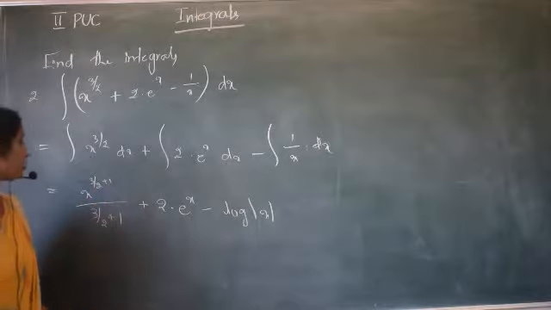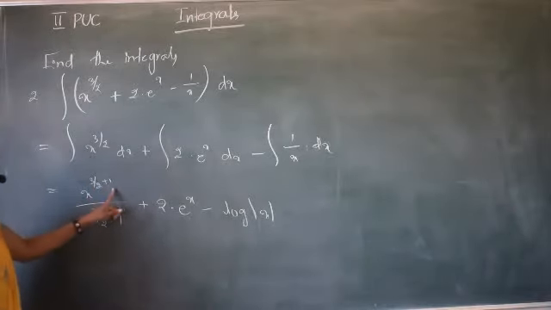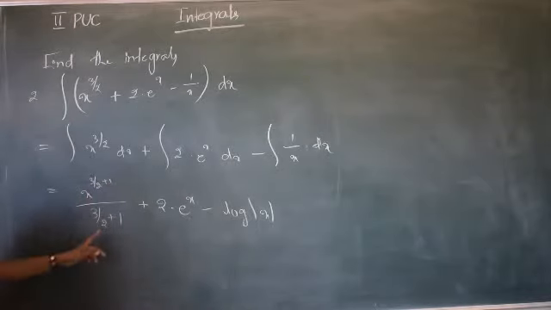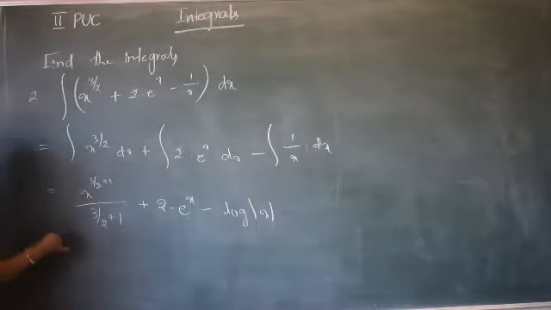So 3 by 2 plus 1, taking LCM as 2, becomes 3 plus 2 is 5 by 2. So here also 5 by 2.